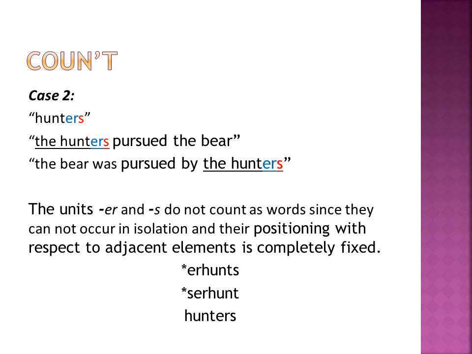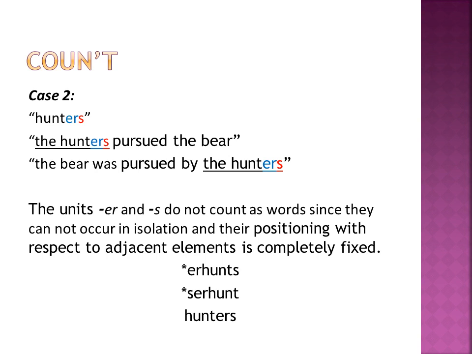Let's say in some cases you try to adjust the position of the blue or the red colors, like this one, erhunts. It sounds like not English words, like this one, serhunt.